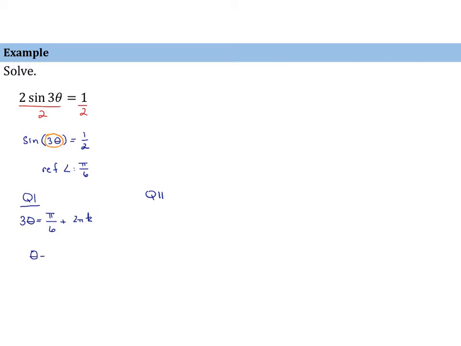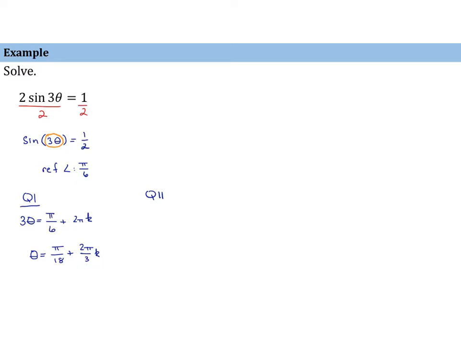So theta equals, now pi over 6 divided by 3 is pi over 18 plus 2 pi over 3 k. Now I could put the k in the numerator also, but the reason why I've not done that here is we have 2 pi over 3 times k.